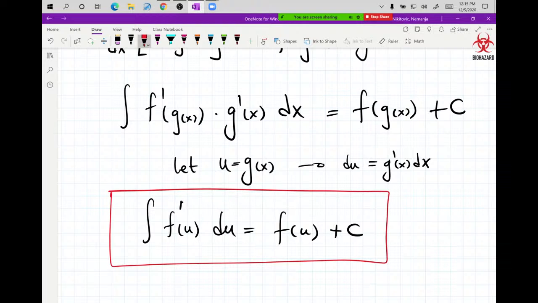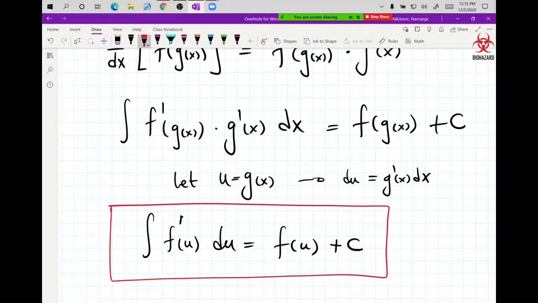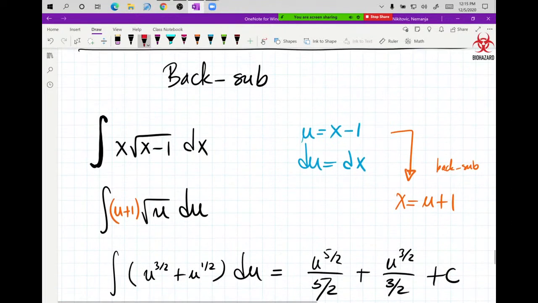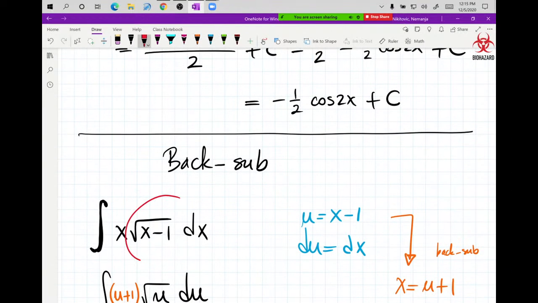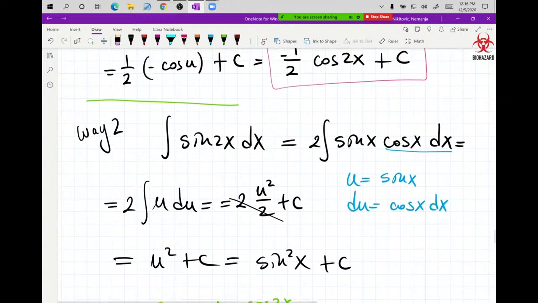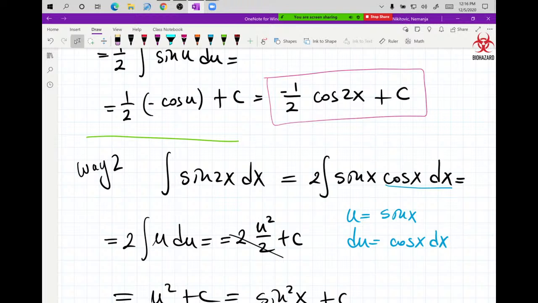It is function composition. When you see function composition, it's a Usub problem, because almost every problem is function composition. X minus 1 is inside the square root. Over here, 2x is inside sine.